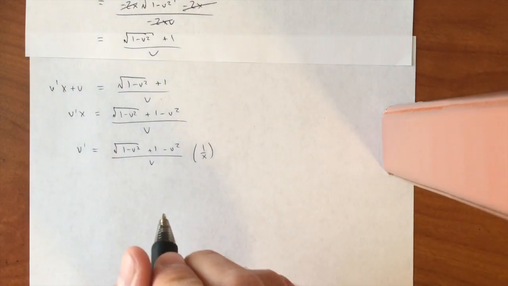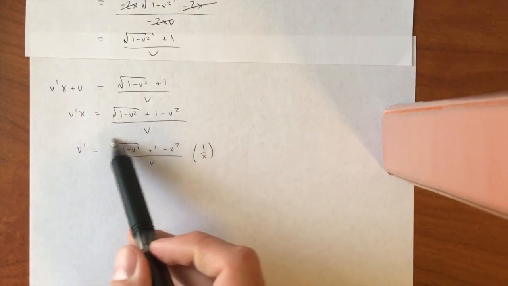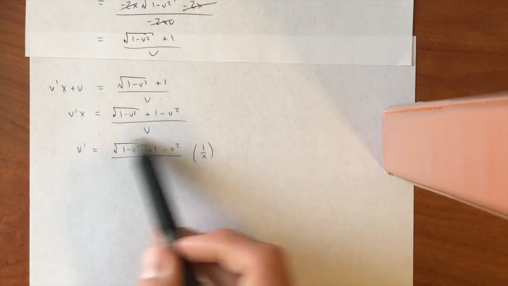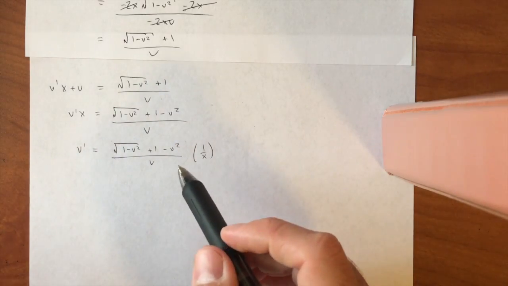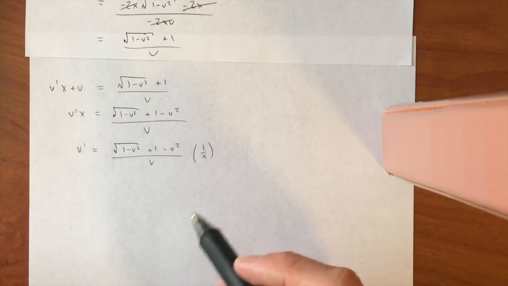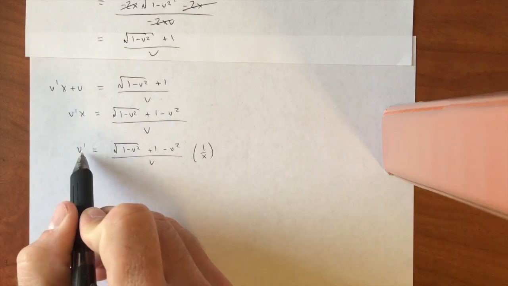And now this is going to be great for us, because if we notice, this is all v's. All the terms in this right here are v's, and all the terms in this right here are x's. And we can look at this almost as a separable variable differential equation now, in a way.